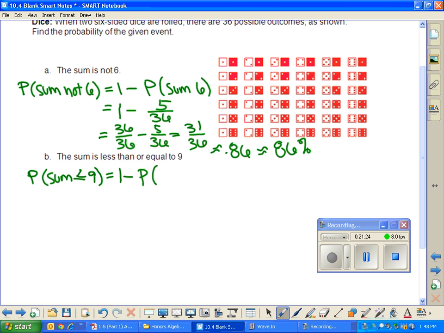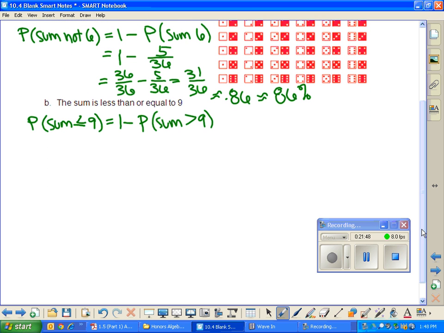Take a moment to think about it. Go ahead, Lexi. Yeah, the sum is greater than 9. Can I ask you why you didn't include greater than or equal to? Right. Yeah, they already included 9 in this part, so we can't include it here. It's everything else. We don't repeat when we have complements.